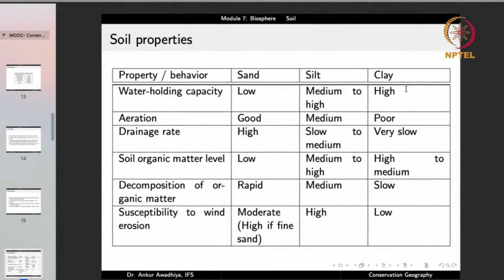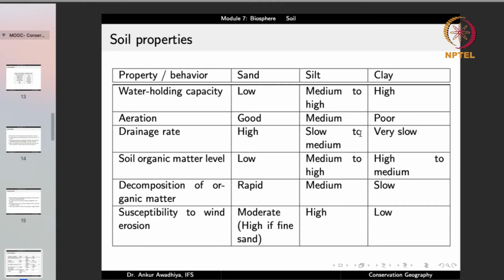So essentially, if the soil is a clay soil, it has a high water holding capacity. If it is a sandy soil, then it has a low water holding capacity. Silt is in between, medium to high. Aeration. Now aeration also depends on the pores. Sand having a good amount of pores will have good aeration. Clay having particles that are close together will have a poor aeration.